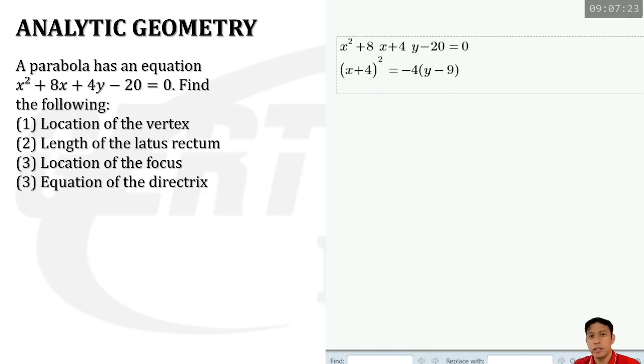Is this correct? So the vertex is at negative 4, 9. Okay, negative 4, 9. All right.